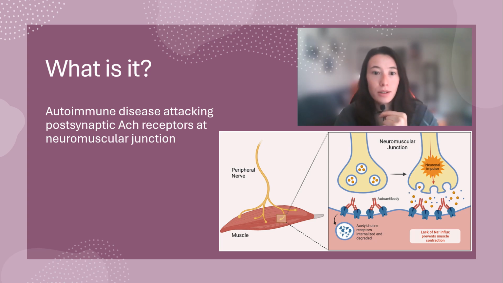However, the amount that is able to do this is reduced, if not significantly reduced. As a result, the stimulus to tell a muscle to contract is also reduced. And this is why we see symptoms and signs like weakness in the affected body regions, our muscles. It's not that the muscles are all of a sudden just super fatigued. There's a physiological reason for that.